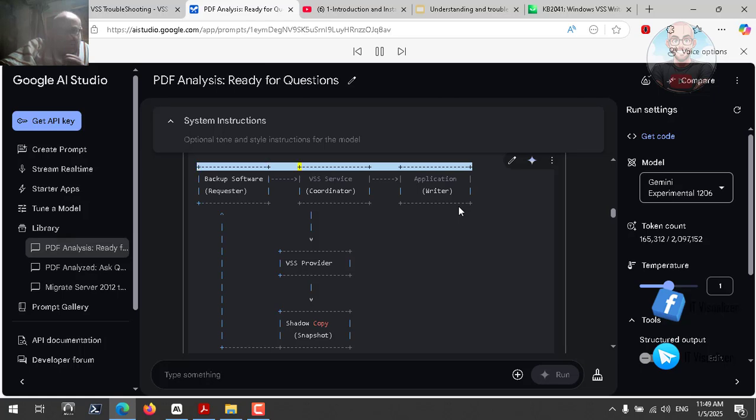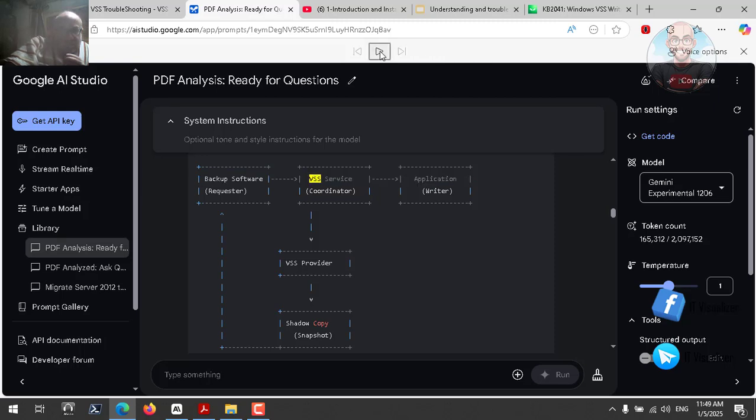Plus, plus, backup software. So this is the backup software. This is the service, and this was not stated by ChatGPT, and this is the correct one.